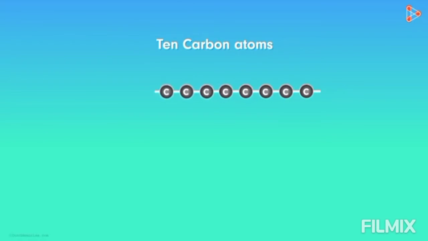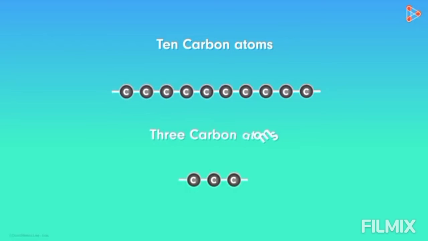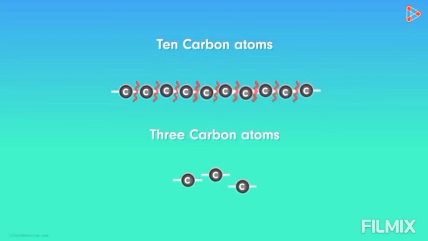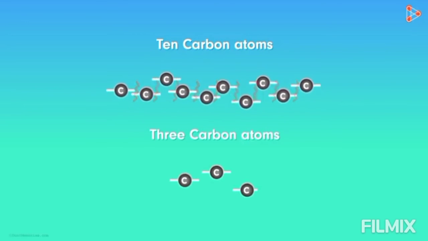For example, when we take a chain of 10 carbon atoms and a molecule of 3 carbon atoms, the energy required to break the bonds will be higher for 10 carbon atoms.